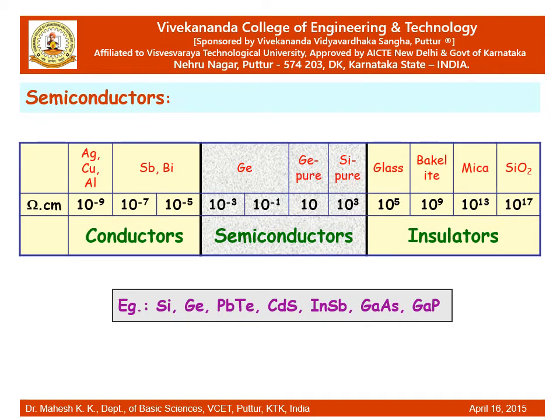As we have seen earlier, materials can also be differentiated into conductors, semiconductors, and insulators based on conductivity. This slide we have also seen. Let us see the examples here. Silicon and germanium are the elemental semiconductors, and PbTe, CdS, that is cadmium sulfide, indium antimonide, gallium arsenide, gallium phosphide, etc., are called the compound semiconductors.